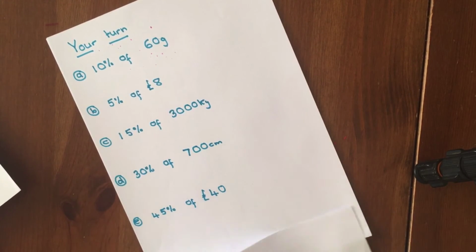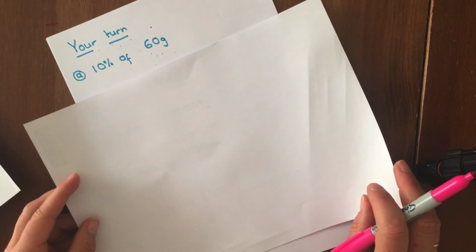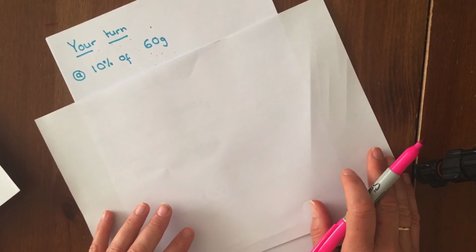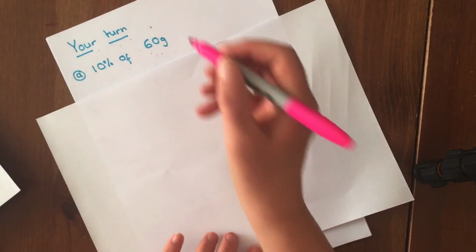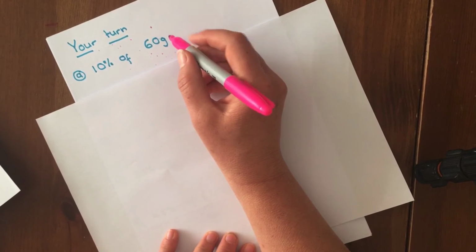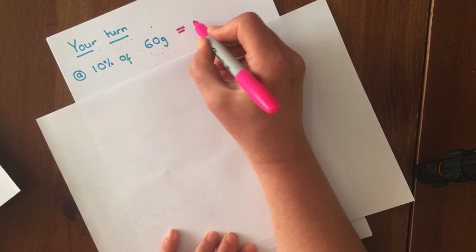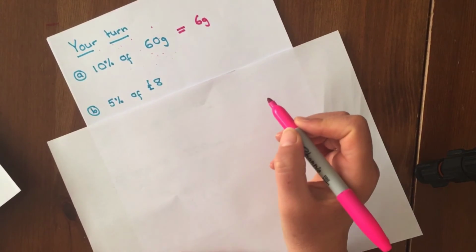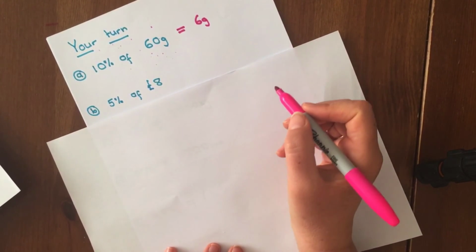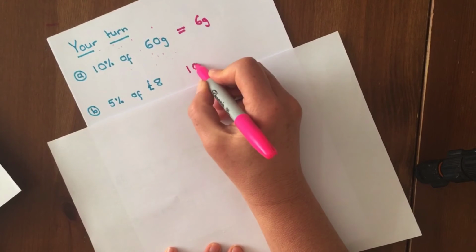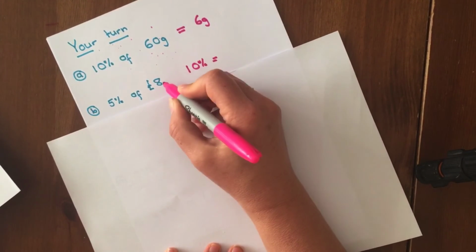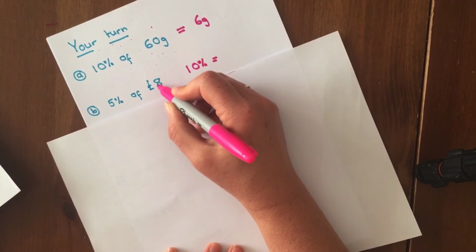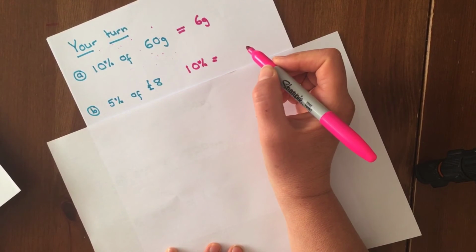Okay, well done. Let's see how many of these you got correct. So 10%, to find 10%, we divide by 10. Okay, 5%. We always need to find 10% first. So 10% will be, now this is £8.